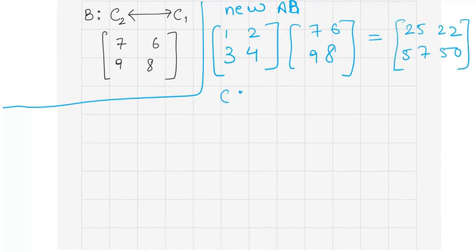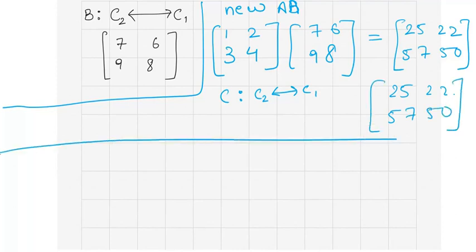And when we apply the same column transformation to C, then we get 25, 22, 57, 50.